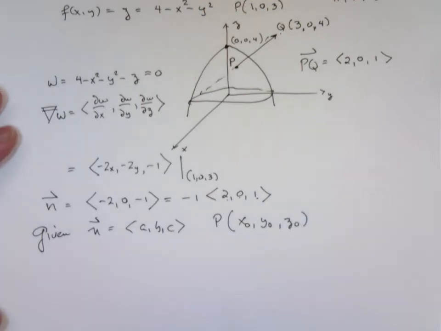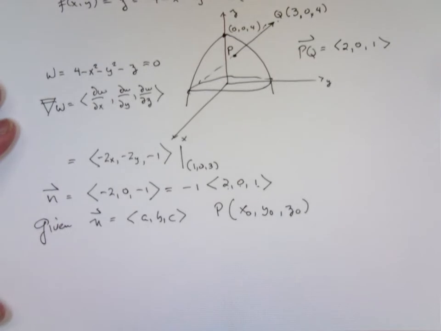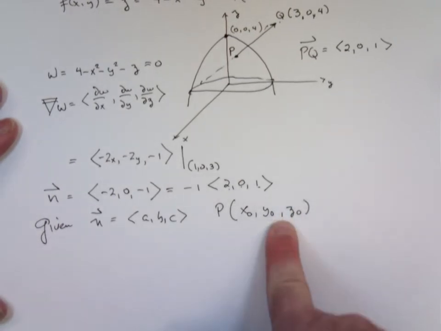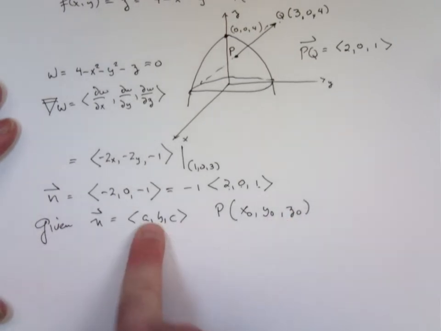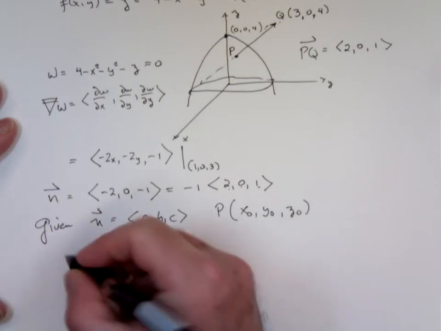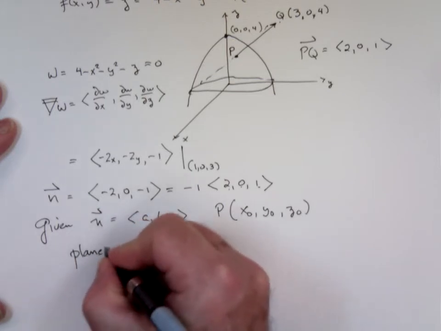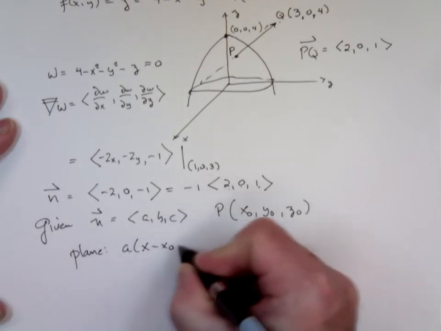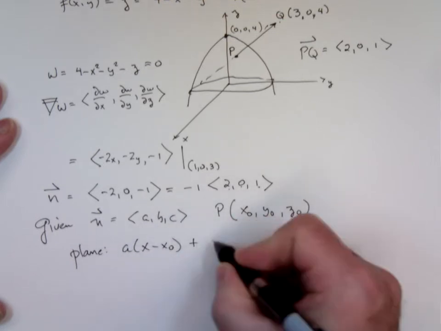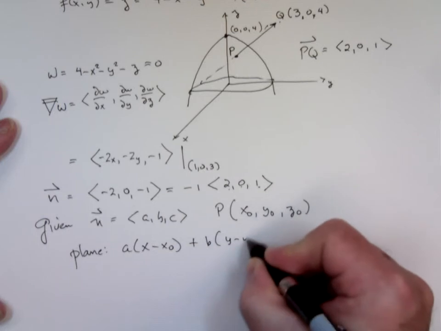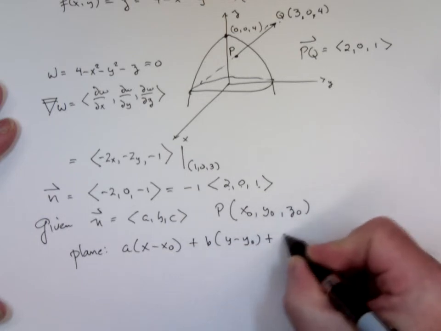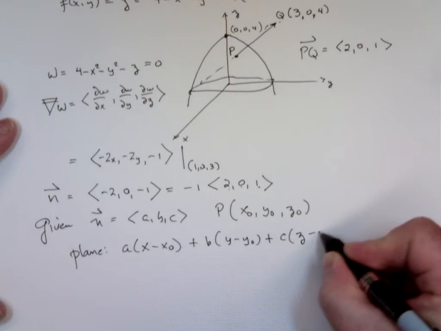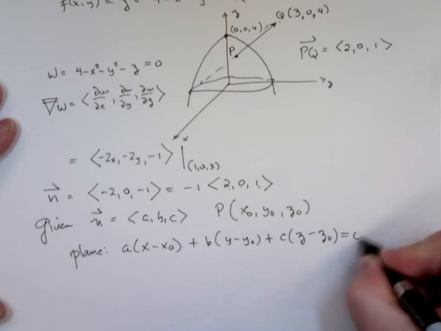In general, the equation of the plane containing this point having this normal, the plane has this equation: A times (x minus x sub naught) plus B times (y minus y sub naught) plus C times (z minus z sub naught) equals 0.